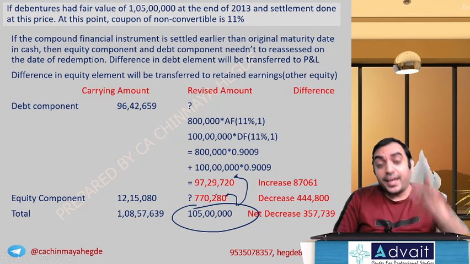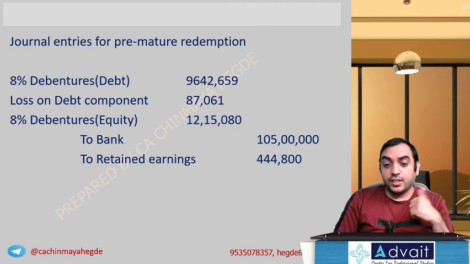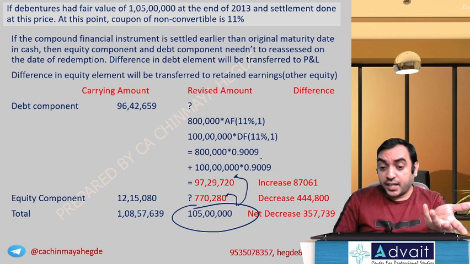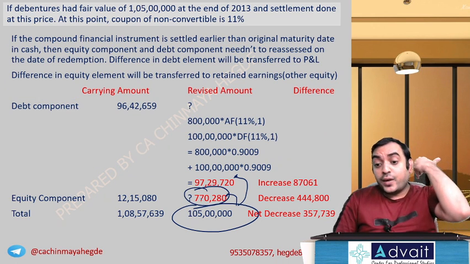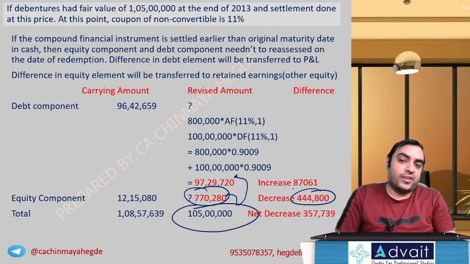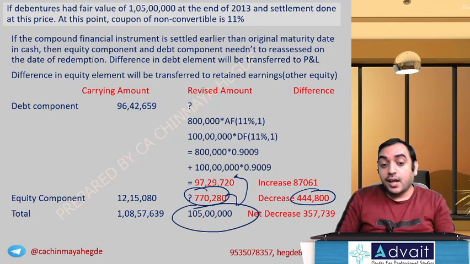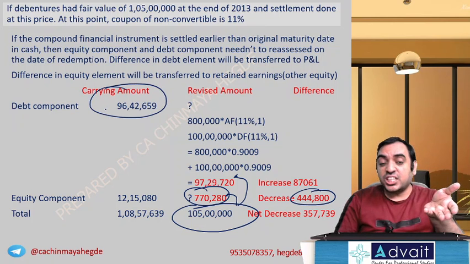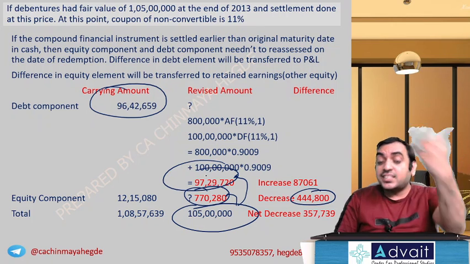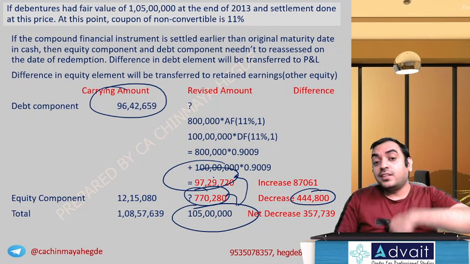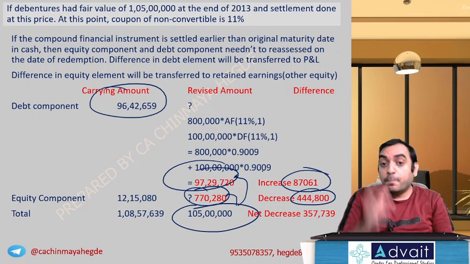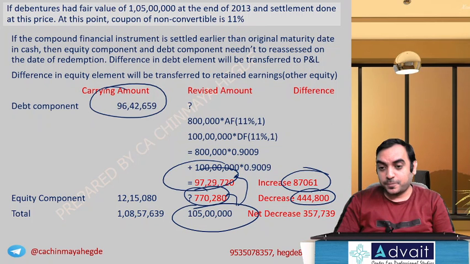Both are paid in cash. So of the 12 lakh 50,000 equity component, 7 lakh 70,880 is paid in cash. The remaining surplus you have transferred to retained earnings. As per debt component, you had 9642,659. As per liability, you paid 9729. You paid more. The excess amount paid is transferred to P&L account. Both are settled on cash basis.